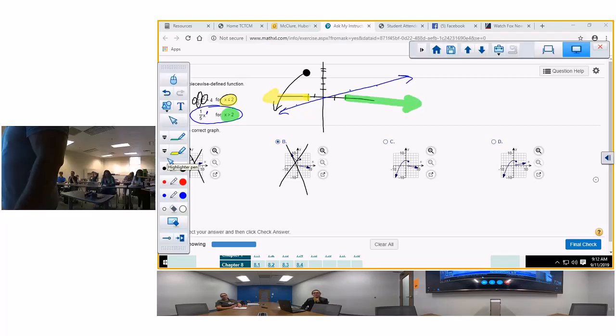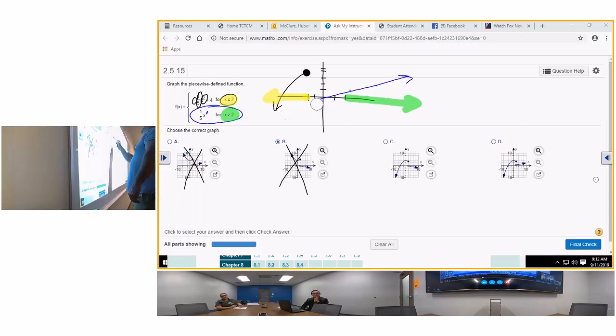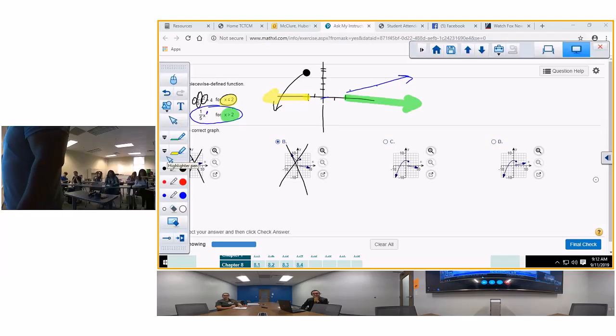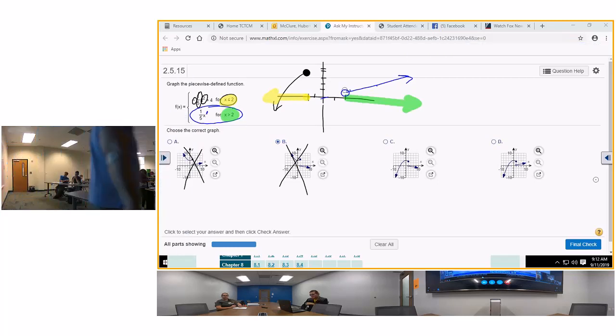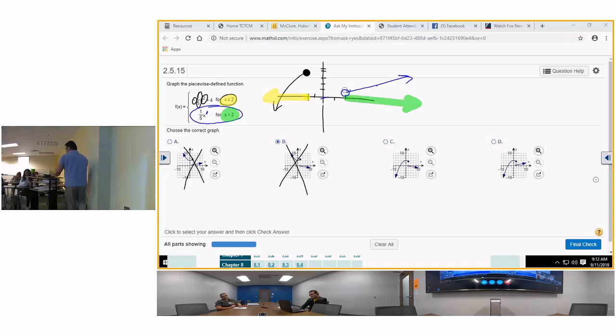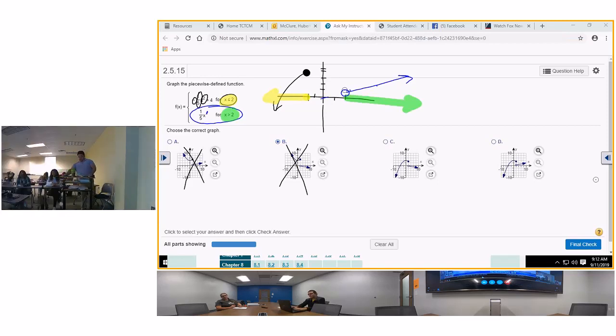So that means I've got to erase all of this. And what kind of circle goes on the blue line? An open circle. Now just match up which one it is, and you should feel good about yourself. So which one is it? Charlie or Delta? Delta.